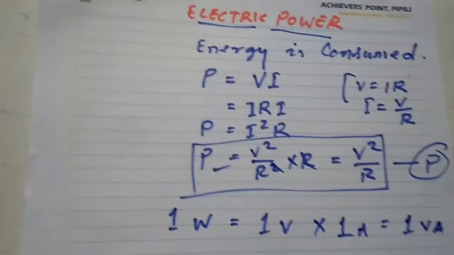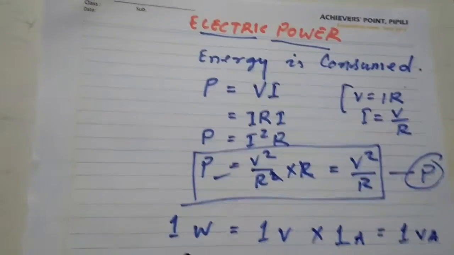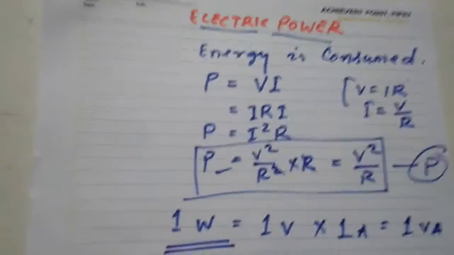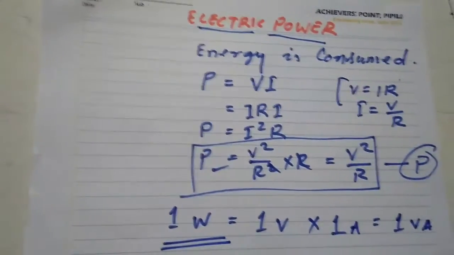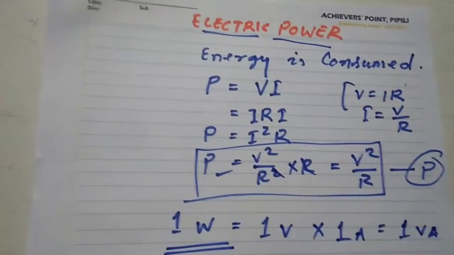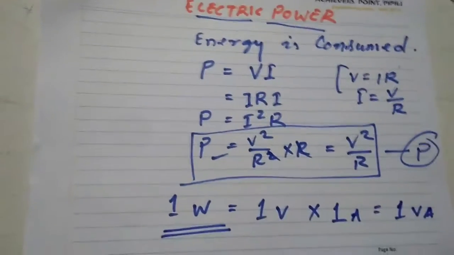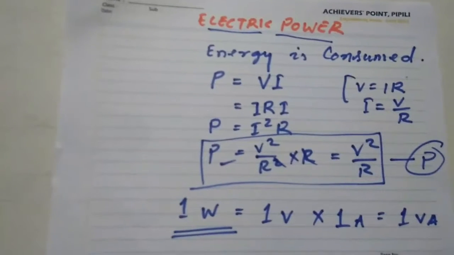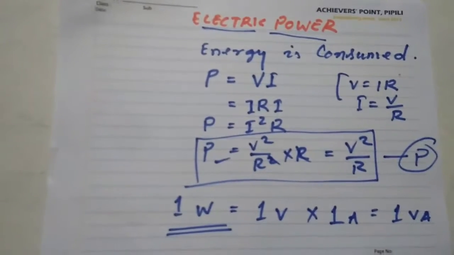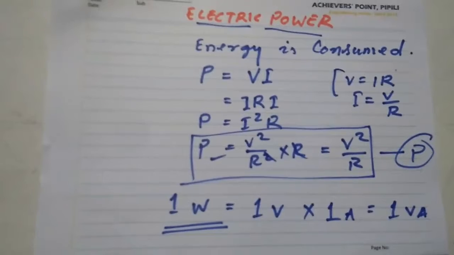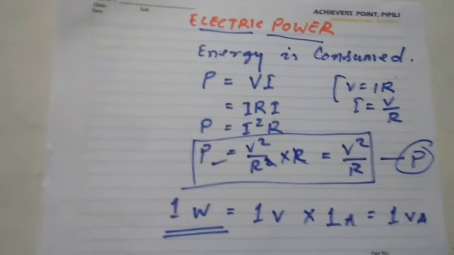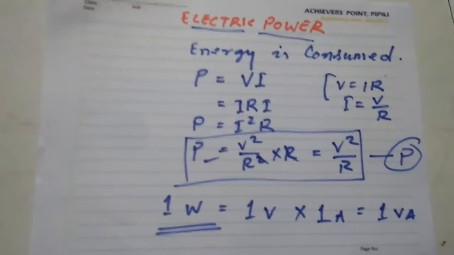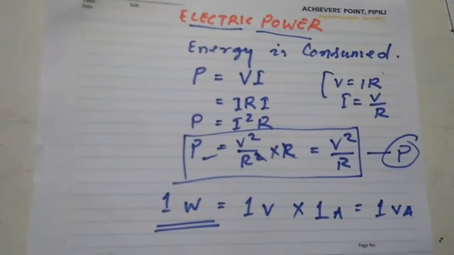Thus, we need to remember that the watt is the SI unit of power, that is, the rate of doing work. So let's now discuss the commercial unit of power that we use in our domestic supplies and also in commercial sections.